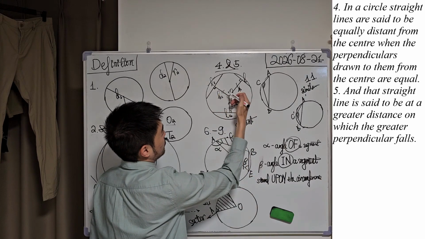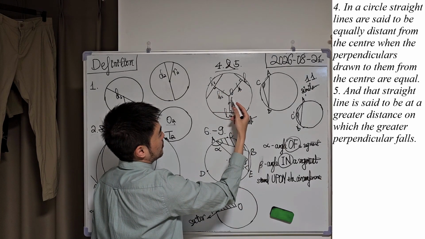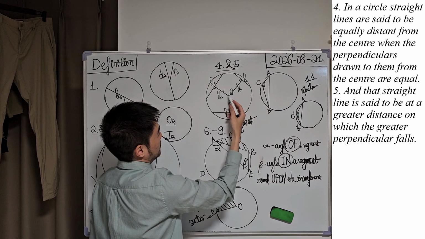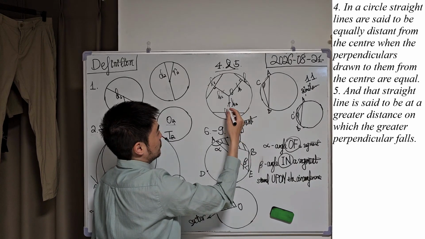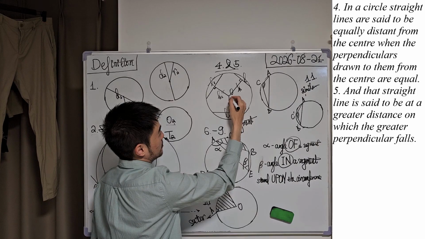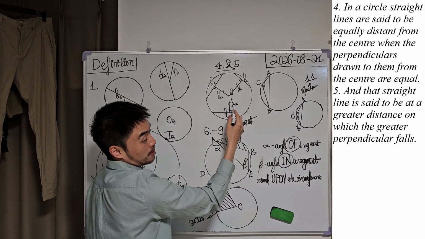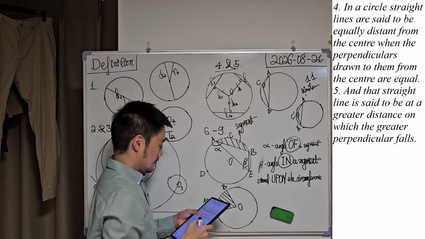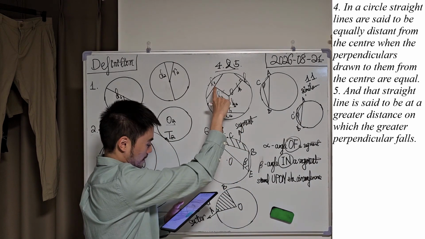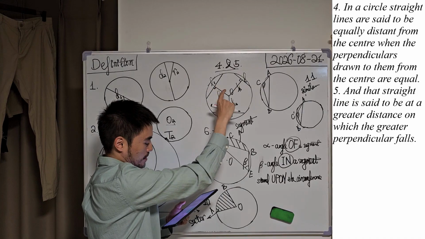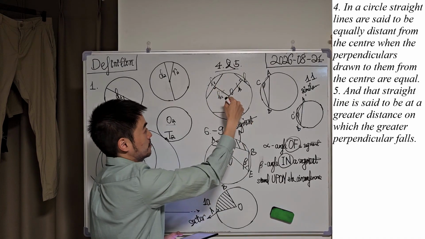And we have two perpendiculars that are perpendicular to them respectively from the center O, and we say that H1 is equal to H2, then these two straight lines L1 and L2 are said to be equally distant from the center O.